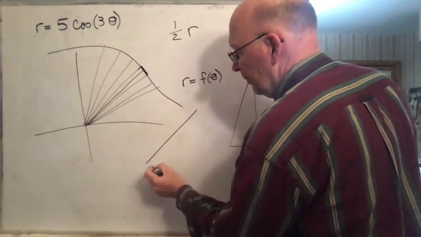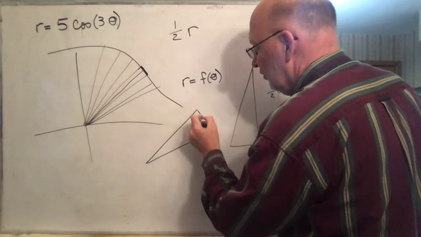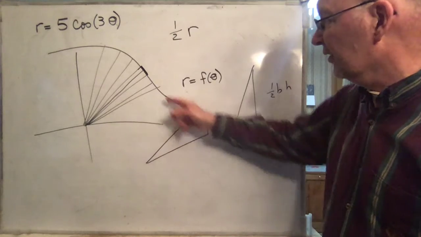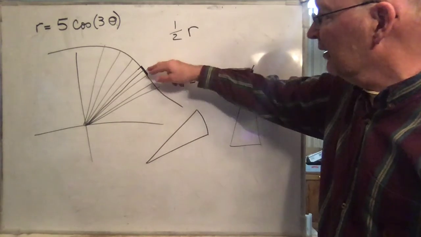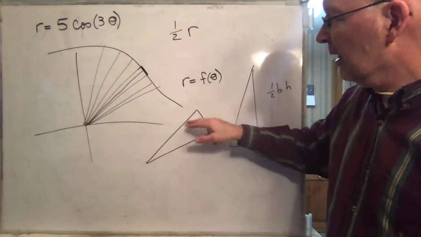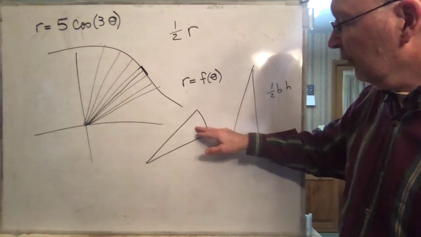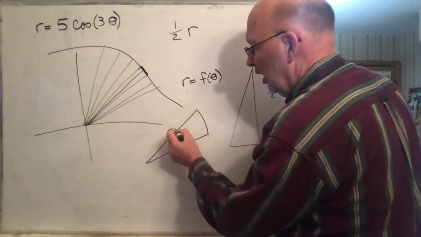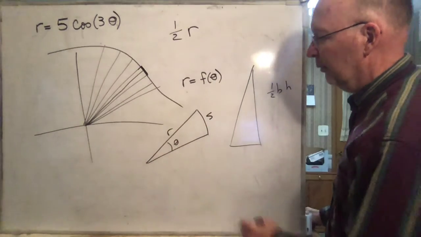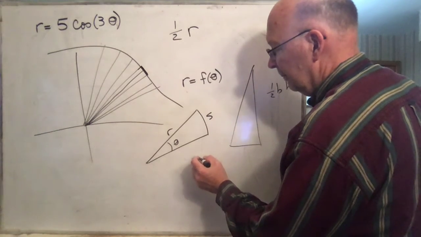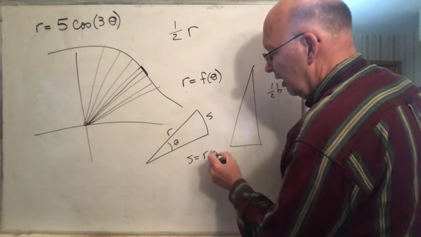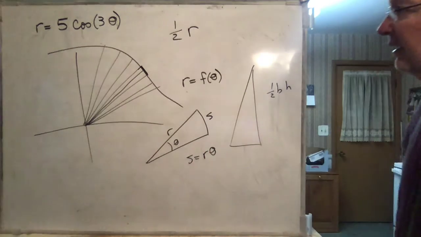You can think of it as being like a sector, I guess. I'm being a little bit sloppy here. Sometimes I'm thinking of it like a triangle. Sometimes I'm thinking of it kind of like a sector. But the point is, what's the relationship between r and theta and s? Remember what we learned in trigonometry? That s is equal to r times theta.